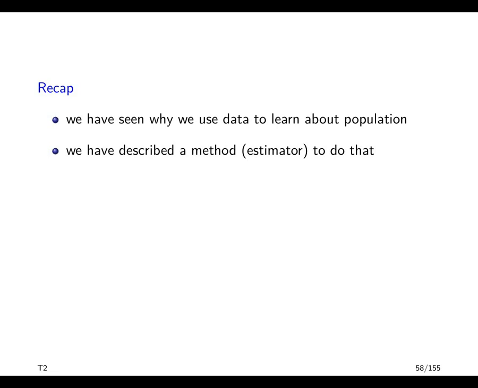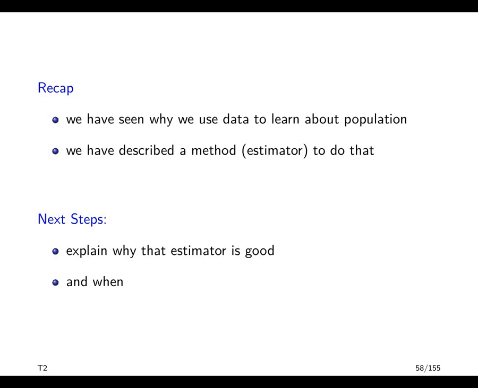We also need a way of converting the data into our learning, into our guesses about this population relation, into our estimates. This method or estimator should hopefully allow us to learn as much as possible. We have described a method or estimator that does that, the OLS regression estimator.